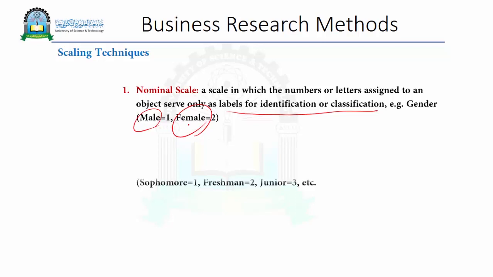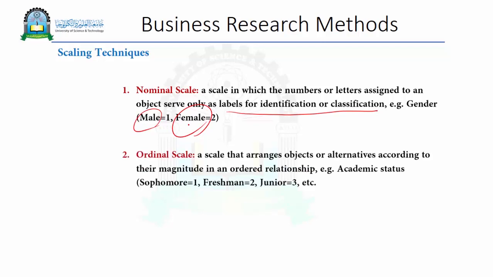if female they will choose female. The second one is what we call the ordinal, and this scale arranges objects or alternatives according to their magnitude in an ordered relation. So talking about academic status, freshman, sophomore, or junior. So this is arranging according to a certain scale.